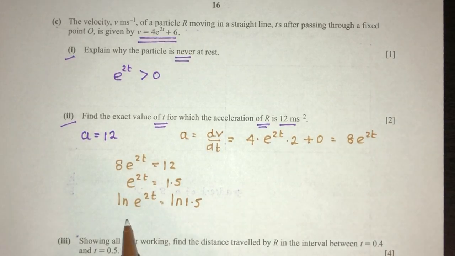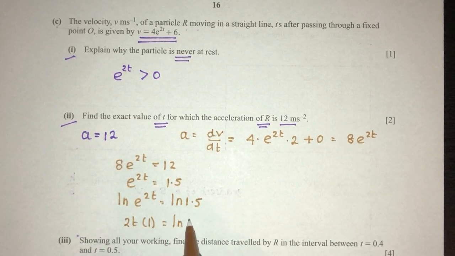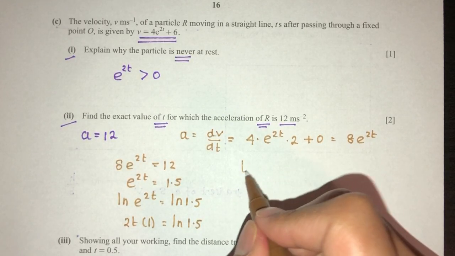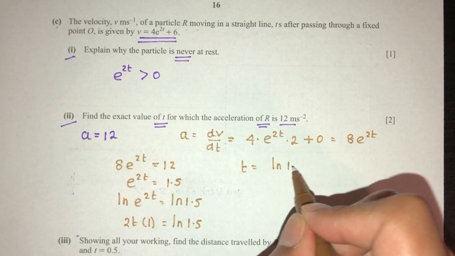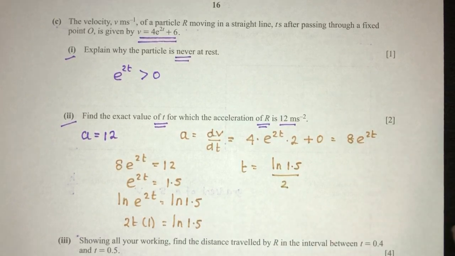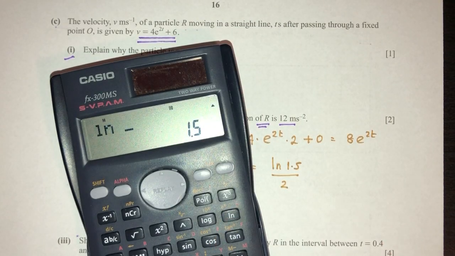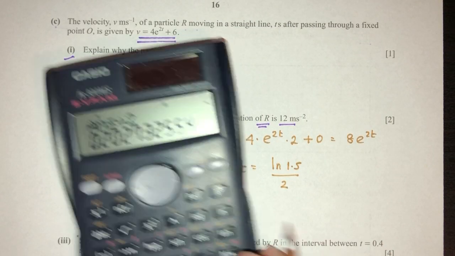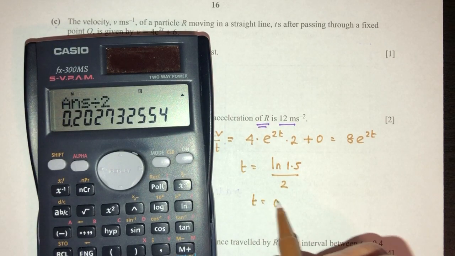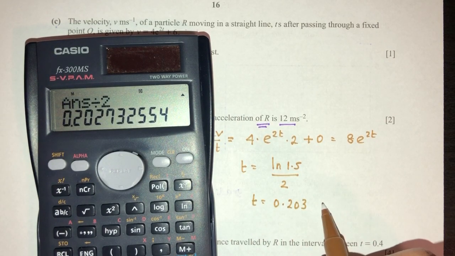From this you will have 2t on the front, and this will become 1. That will be ln of 1.5. So t is equal to ln of 1.5 divided by 2. That will be 0.203, correct to 3 SF. That is part 2.